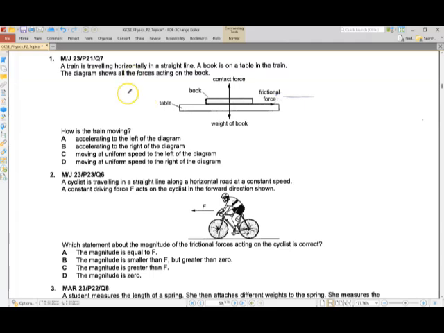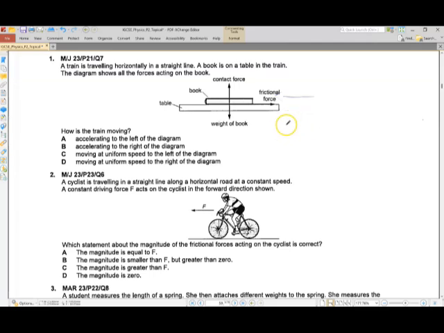Okay, once we've established this, we can now take a look at the bigger picture. Now if the train was moving at a constant speed, the book wouldn't have moved backwards. If the book is moving backwards, it's because the train is moving faster than the book. So the train is accelerating to the right direction.